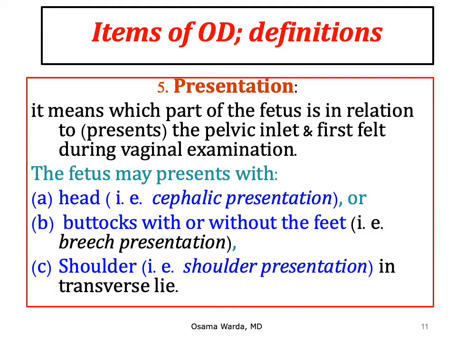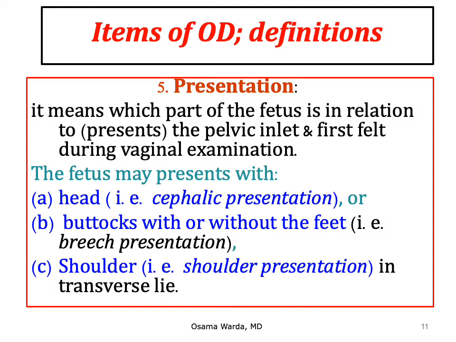If the attitude is between flexion and extension, the fetus will present with its forehead. That's to say, brow presentation. Okay? These three movements of flexion and extension occur on the vertical axis of the fetal head.